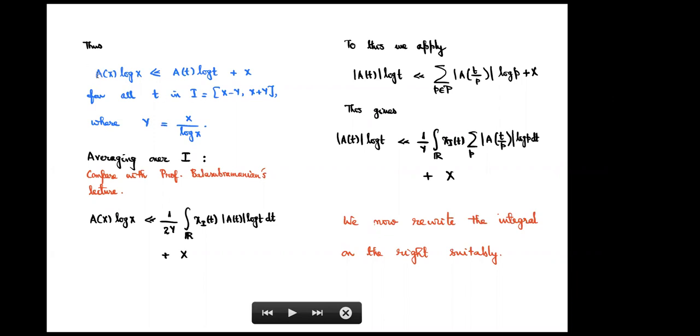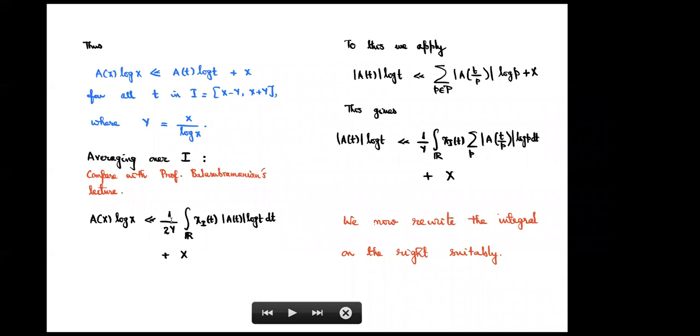So what I do is I integrate this inequality over all t in the interval I. So I multiply the characteristic function of the interval to both sides and integrate the resulting inequality and divide by the length of the interval. So all the constant terms in this inequality, namely ax log x and x, will be unaffected by this average because they are all constant.